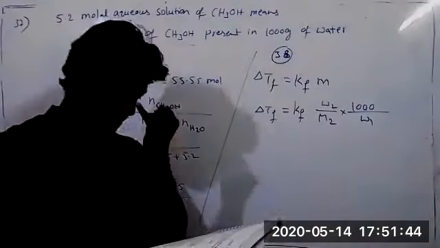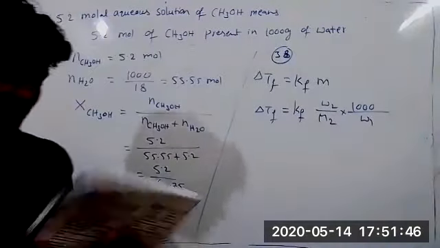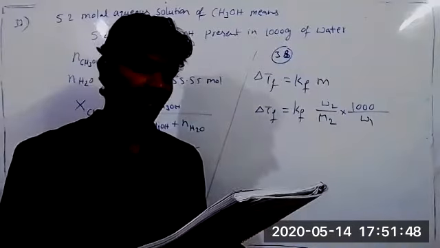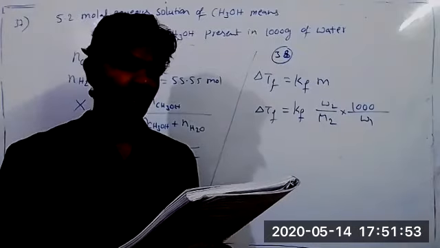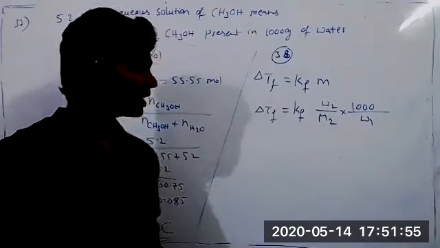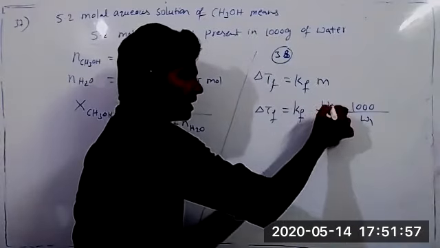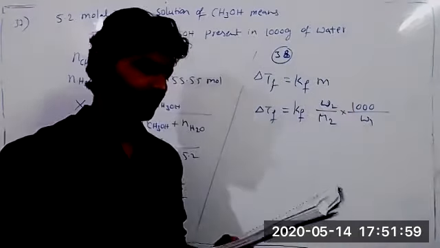The question: ethylene glycol is used as an antifreeze in a cold climate. Mass of ethylene glycol which should be added to, so same here also we have to calculate the mass of ethylene glycol, W2.